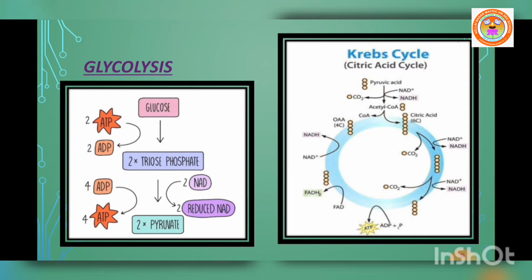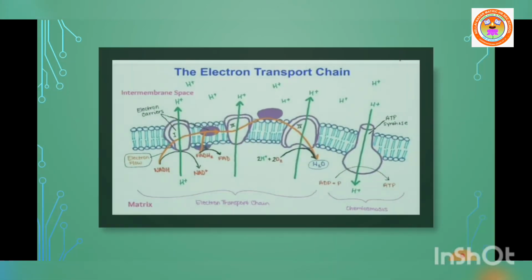Here pyruvic acid undergoes oxidation and decarboxylation, then it produces two molecules of acetyl-CoA. This acetyl-CoA undergoes various oxidation and decarboxylation reactions. At last it releases energy. This is the second stage of aerobic respiration.